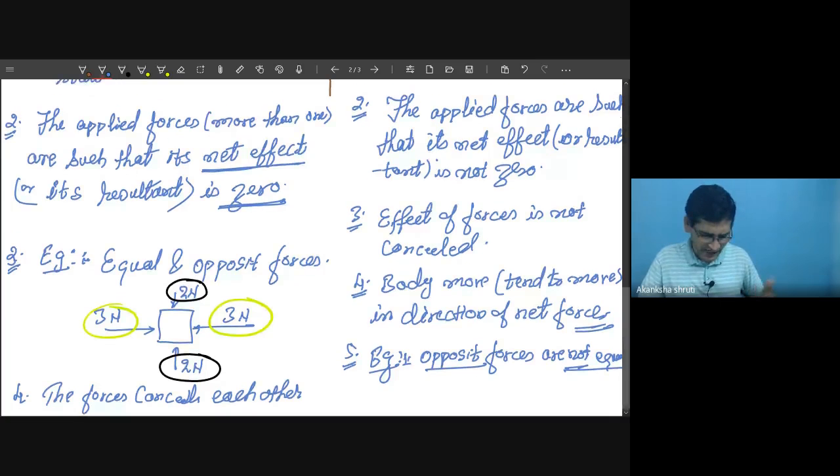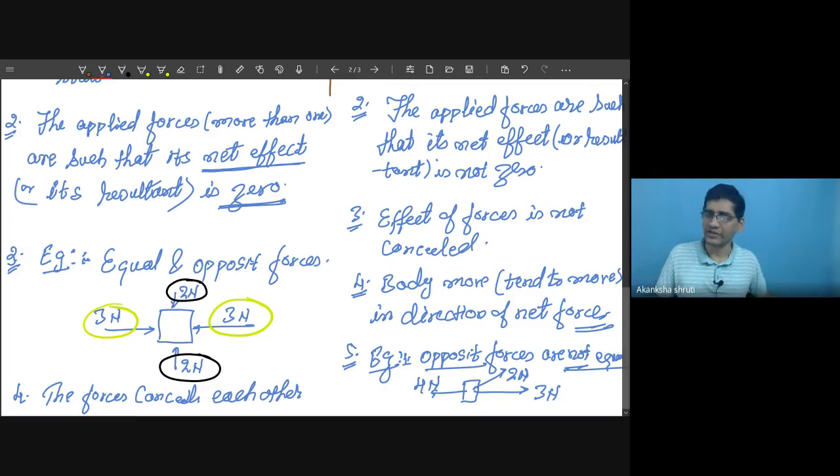There could be more than two forces, like if it is three forces, let me take this as 2 Newton at a certain angle, someone pulling downward with 3 Newton, and leftward with 4 Newton. Here we can observe that these three are not cancelling each other, therefore the net effect will be there and the body will surely move in a certain other direction.